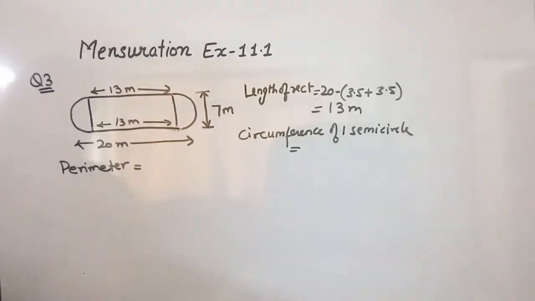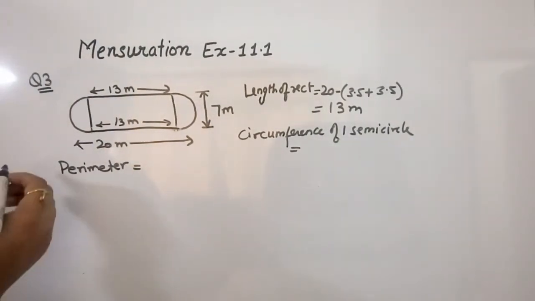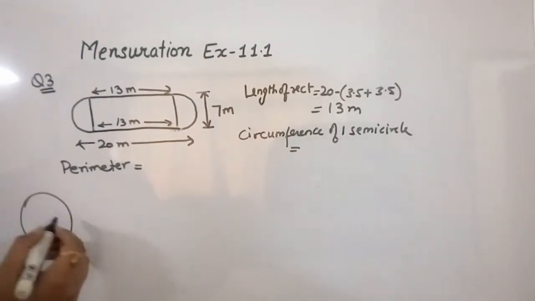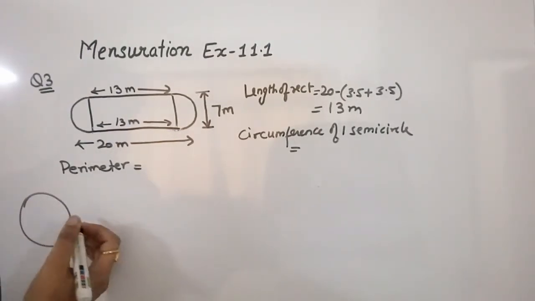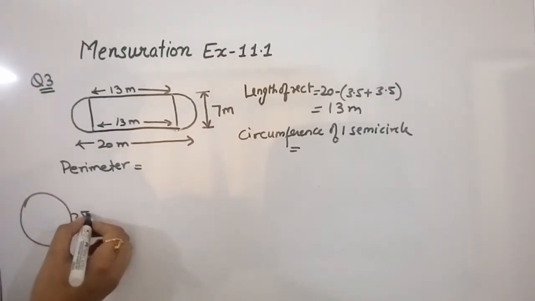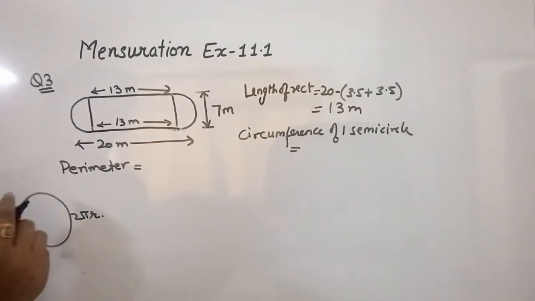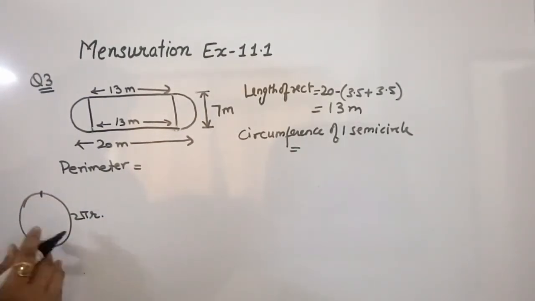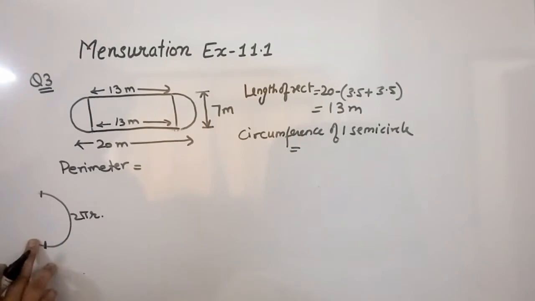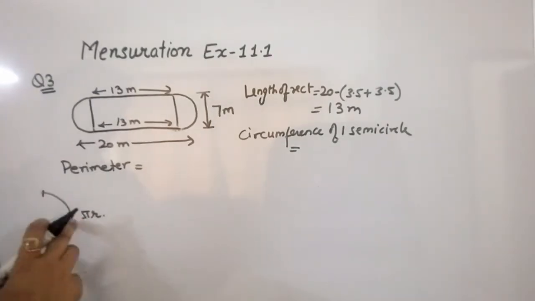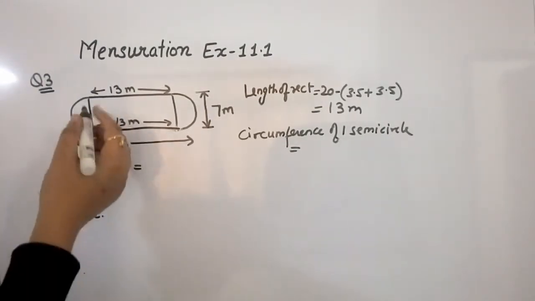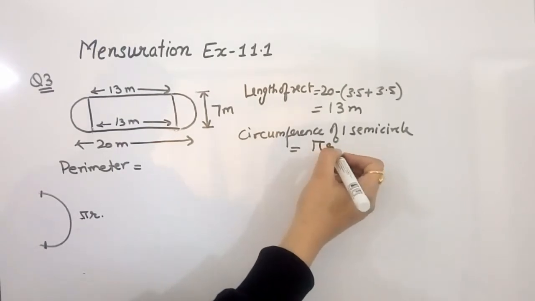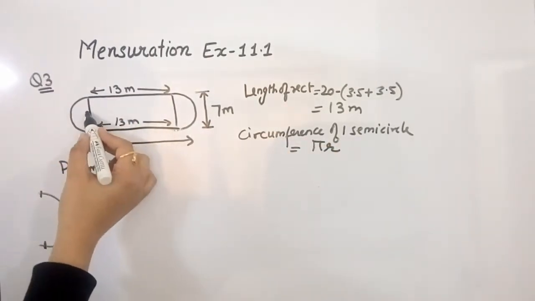circumference of a circle is 2 pi r. One circle has circumference of 2 pi r. So of a half circle means semicircle, it is pi r. And radius of this circle is half of this.